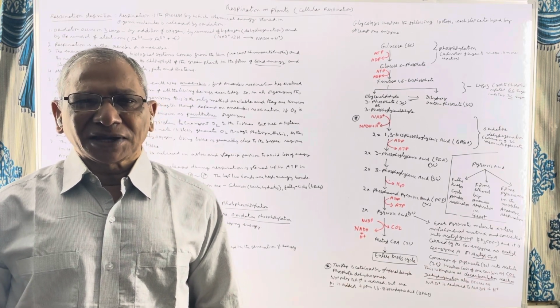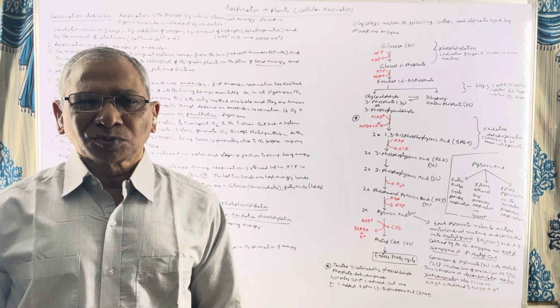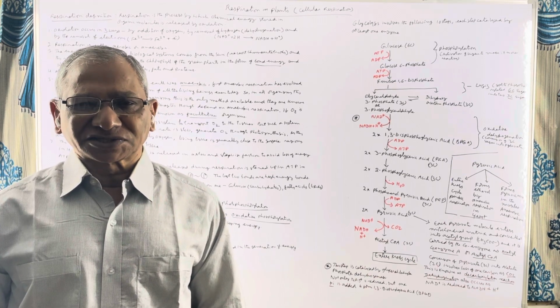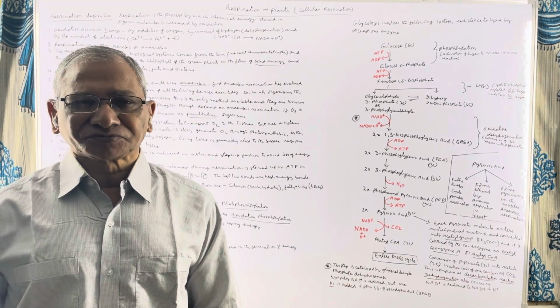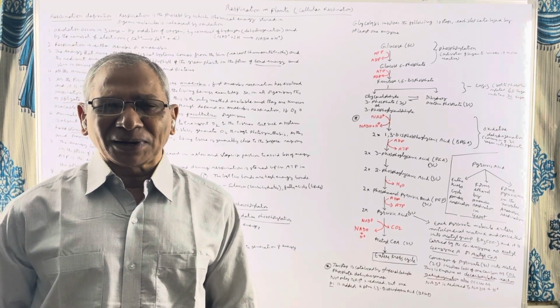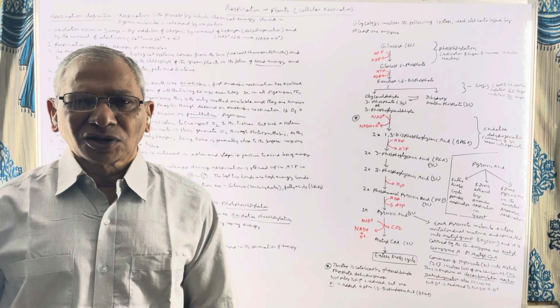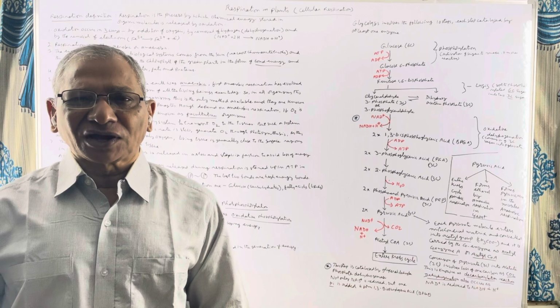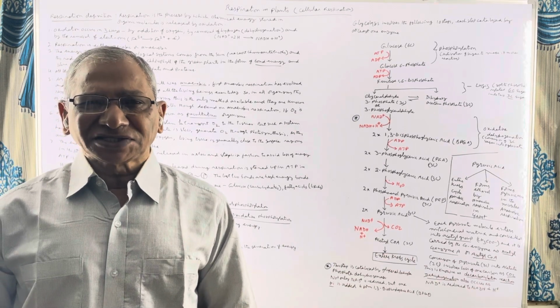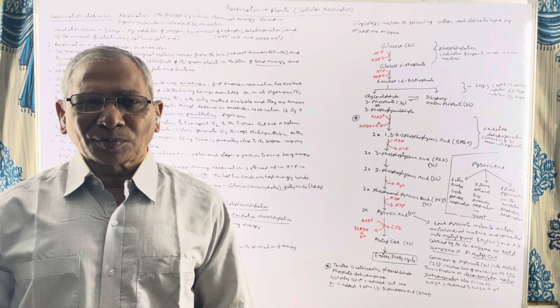Then from ATP, various types of carbohydrates, proteins and fats are synthesized. In this way, the energy coming from the sun is trapped by the green plants and stored in the form of chemical energy. So whenever the living organisms require energy, this energy stored in the organic compounds is released.